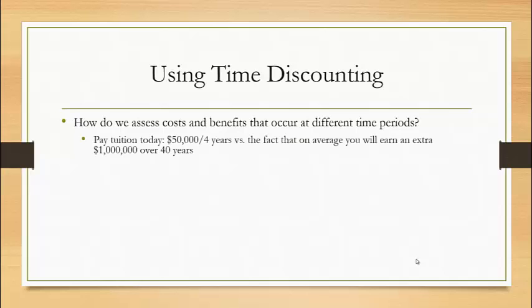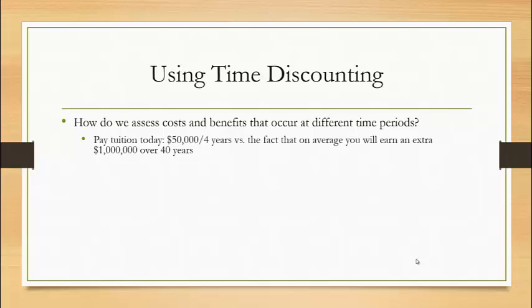So let's say, for example, that you pay tuition today of $50,000 over 4 years. So your total value or cost is $50,000 divided over 4 years. But on average, you will earn an extra $1 million over 40 years. Okay, so the cost is immediate and fairly substantial. The benefit is distributed over a much longer period of time.